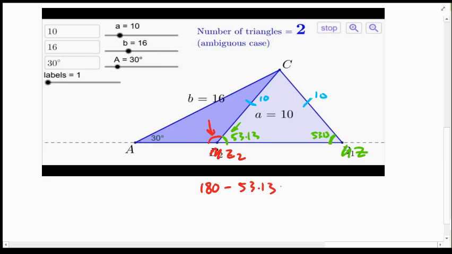And so the key thing that I want you to remember here when you're going through these problems is that the first angle that we find with the law of sines is supplementary to its other version, right? So in this case here, if Z1 is 53.13, then I know that Z2, when I subtract that from 180, is 126.87.